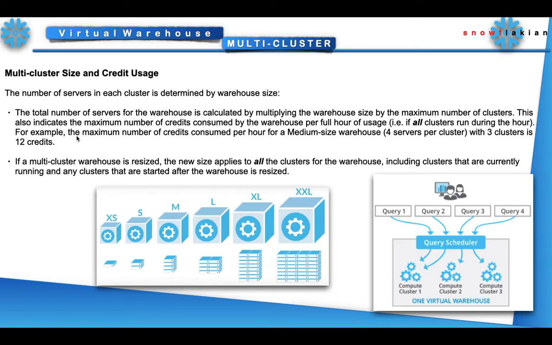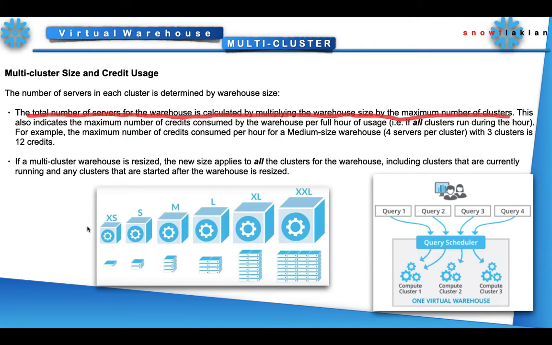Next we will see the multi-cluster size and credit usage, how the size is impacted and how the credit usage will be. If you see here, the total number of servers of the warehouse is calculated by multiplying the warehouse size by the maximum number of clusters.